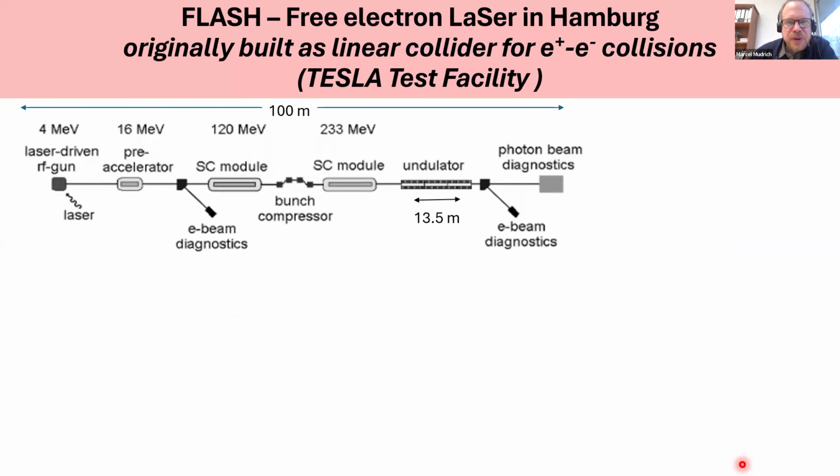So just to give you a few examples, or actually the most important examples, of X-ray free electron lasers. The very first one was the FLASH free electron laser in Hamburg at DESY, the German Electron Synchrotron facility. And yeah, the undulator was quite long, but 13.5 meters is still quite short for today's standards.